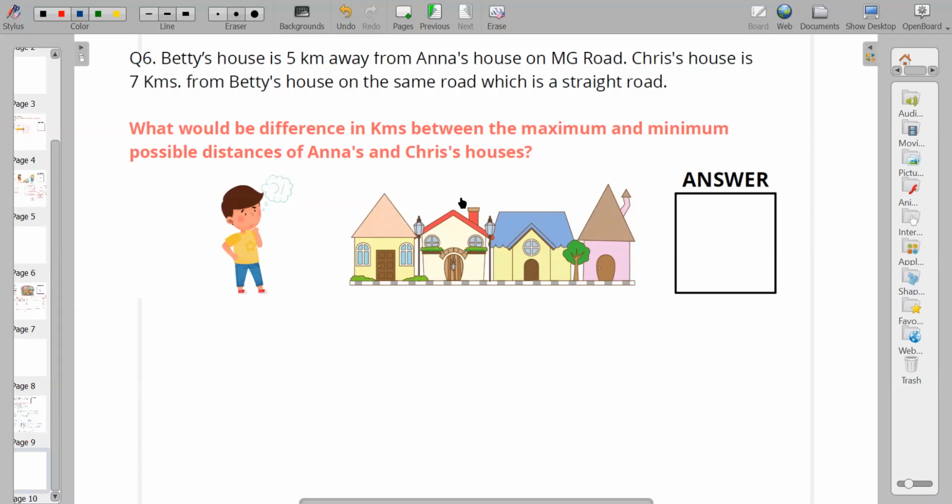A simple question. Do it. You have to visualize this. You have to draw this.